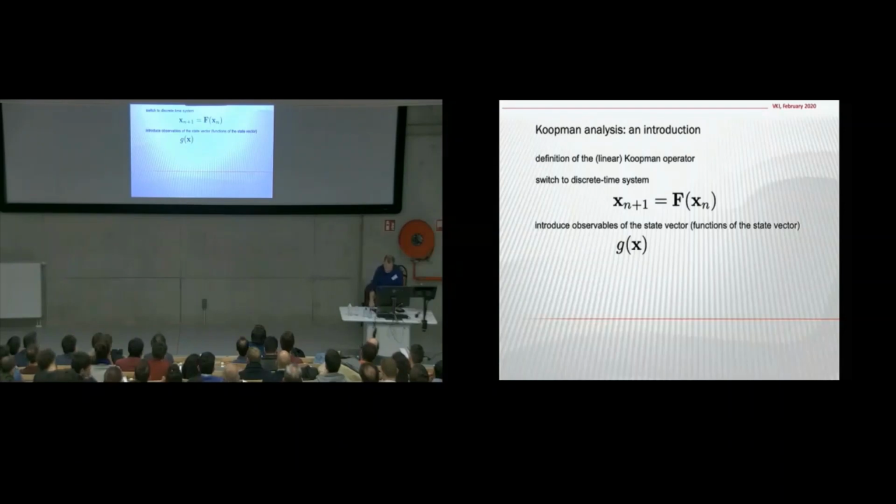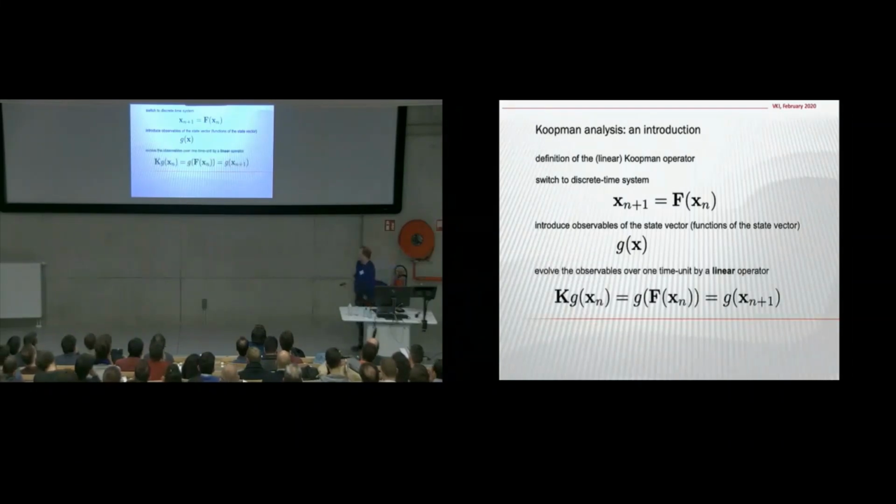And then we're going to define on those observables that we have a propagation operator. So g of x_n, and g of f of x_n, of course, f of x_n is the n plus 1, the next snapshot that carries us over from one snapshot to the next. And if you look at the observable at that next snapshot, the linear operation that gets us from one to the next snapshot in our observable space is defined as the Koopman operator. Okay.